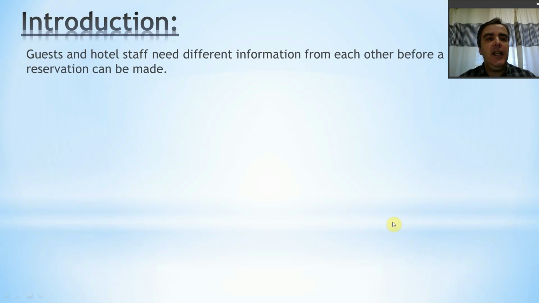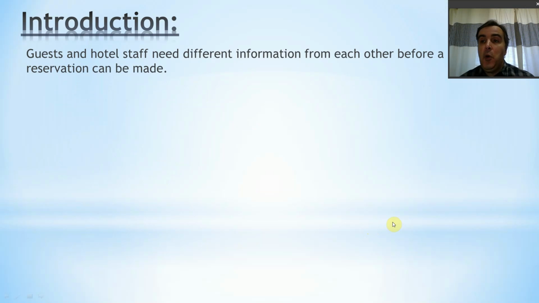So we'll start today by thinking about the types of information we need to make a reservation. So we've got two groups of people here. We've got guests, and they need to ask the hotel staff for information before they make a reservation.